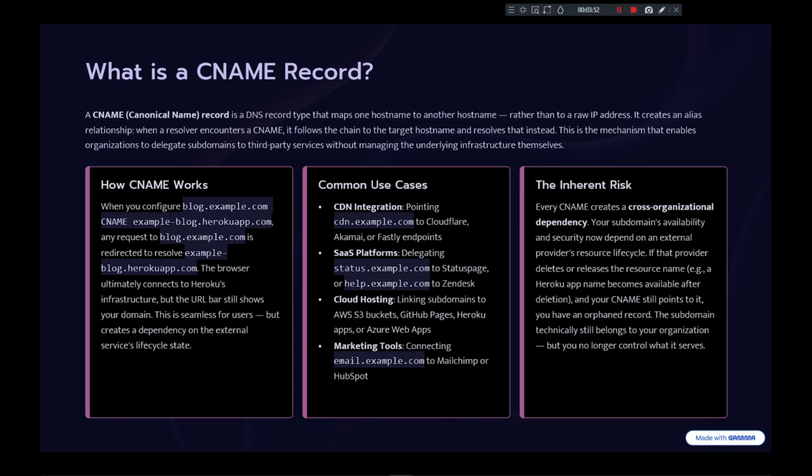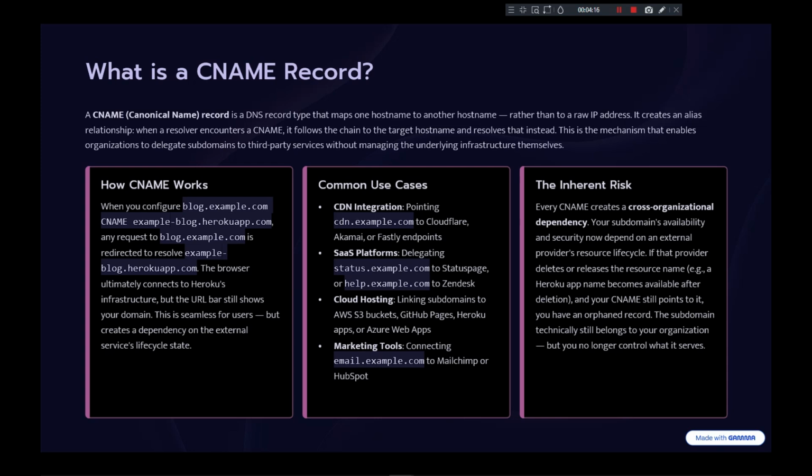The problem is that a CNAME is just a pointer. It doesn't verify that the destination is still under your control. The moment the destination becomes unclaimed, like an expired service, a deleted cloud resource, or an abandoned account, the CNAME becomes a dangling pointer. It points to nothing, but it still exists in the DNS record.